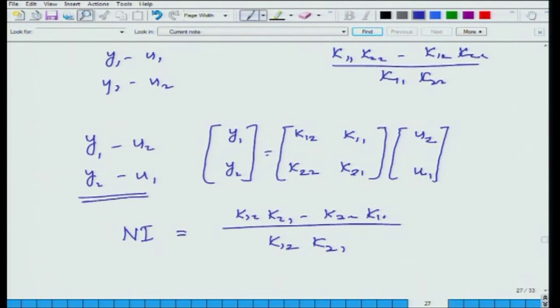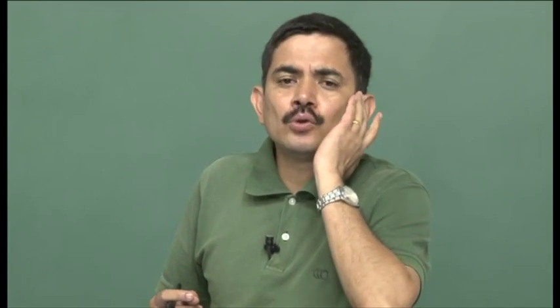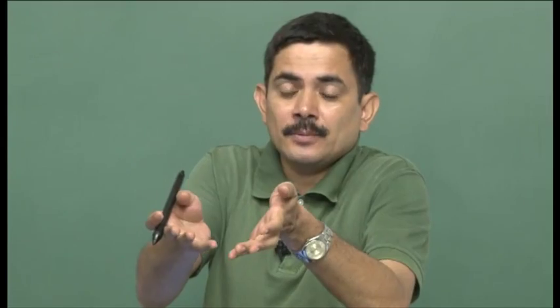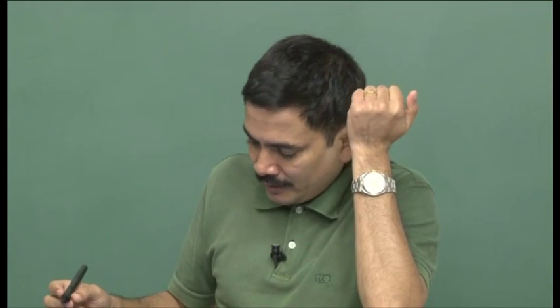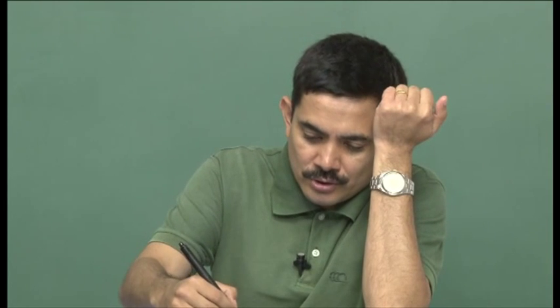Do you see that the sign of the determinant has changed? Therefore, usually for a 2 by 2 system, one of the pairings would give you a positive Niederlinski index, and the other pairing is likely to give you a negative Niederlinski index. What that means is one of the pairings can be integrally stable, the other pairing is guaranteed to be integrally unstable.